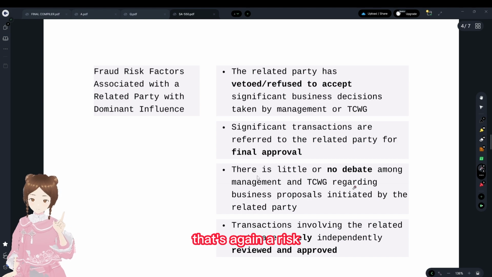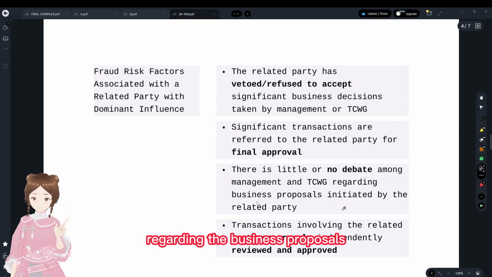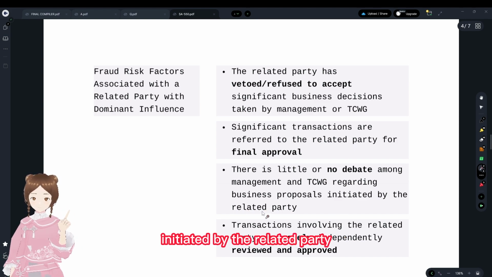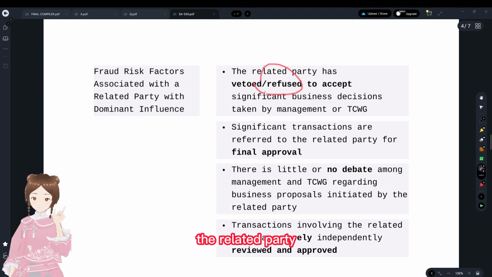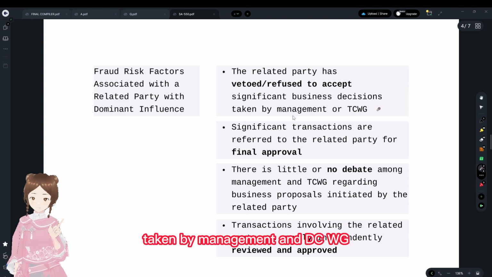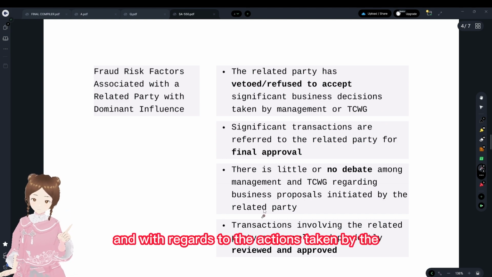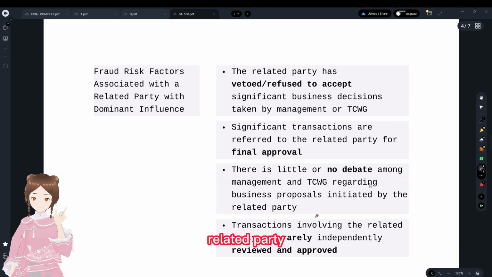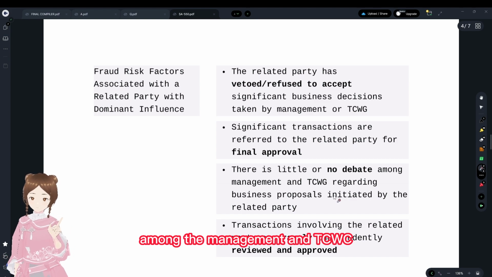That's again a risk. There's little or no debate among management or TCWG regarding the business proposals initiated by the related party. You see, first the related party who has dominant influence rejected the business decision taken by management and TCWG, and with regards to the decisions taken by the related party, there is little or no debate among the management and TCWG.